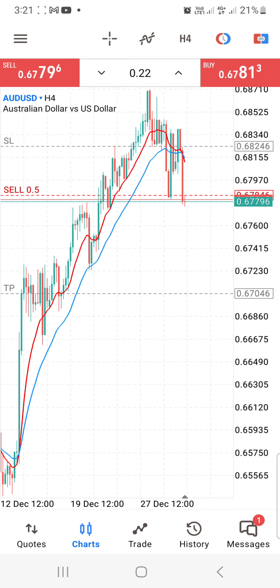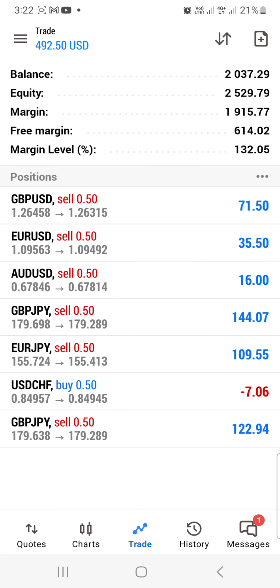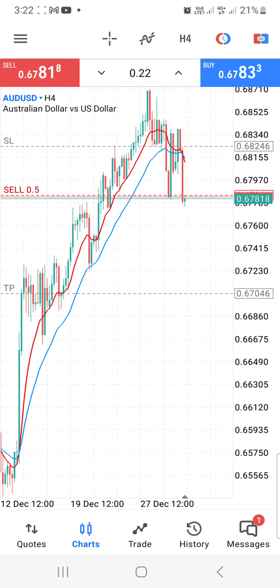The red has already crossed the blue line, so that one is still a sell signal, so it's still going to sell. We're sitting for AUD USD at $15. You can see everything is now blue, everything is looking beautiful. We're sitting positive on positive. The trading is trading.